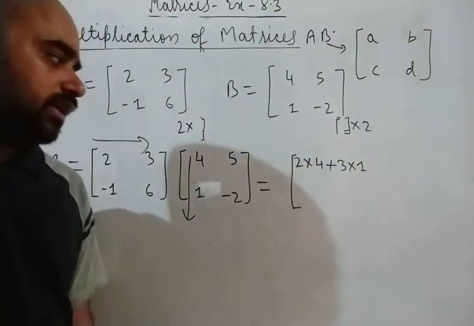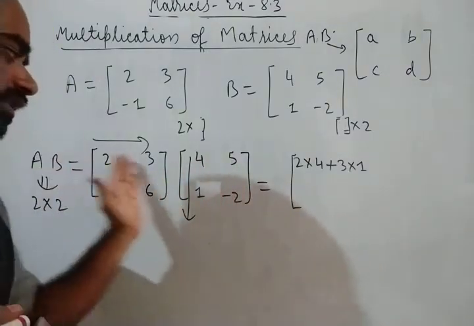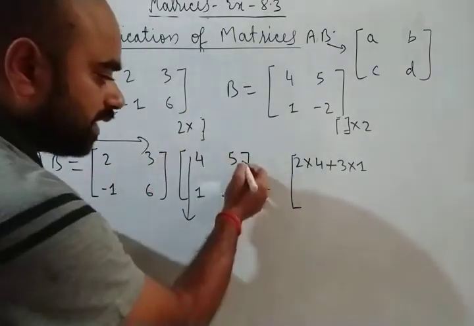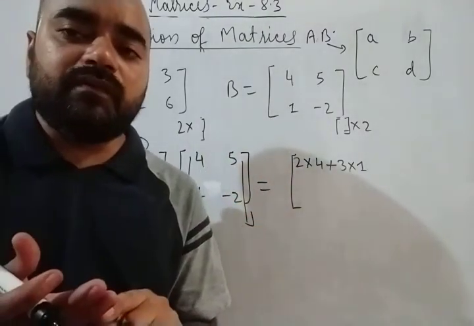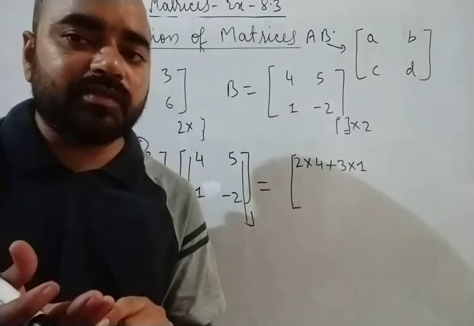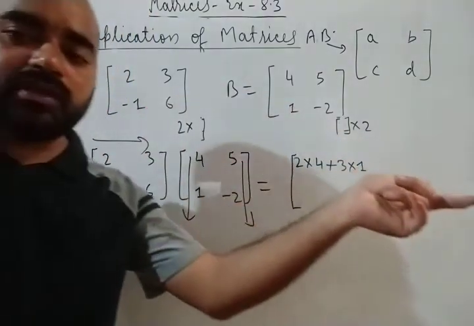Correct? Now, the second column is left, so we take R1 again and multiply it with the second column. First we multiplied first row and first column elements, then since one more column is there, the process is repeated.